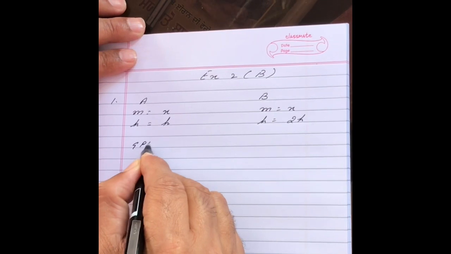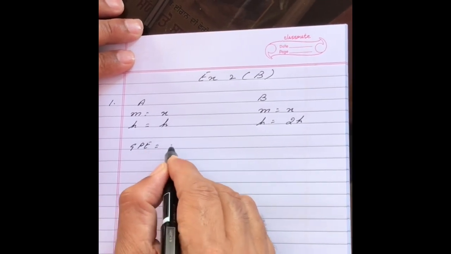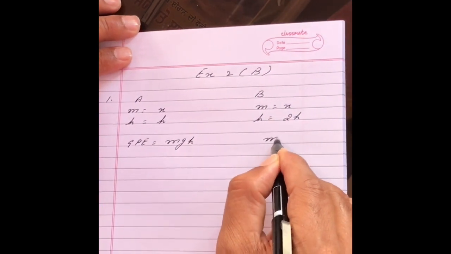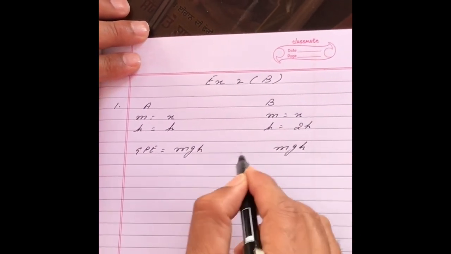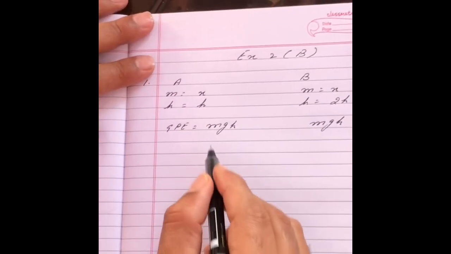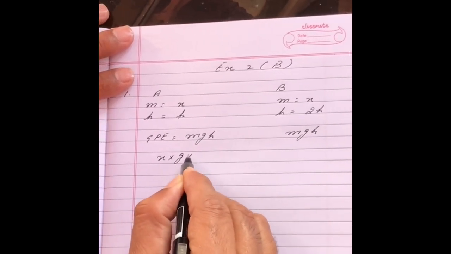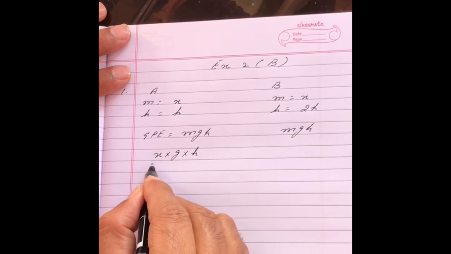So GPE here is mgh, here also mgh. Mass here is x into g into height h.